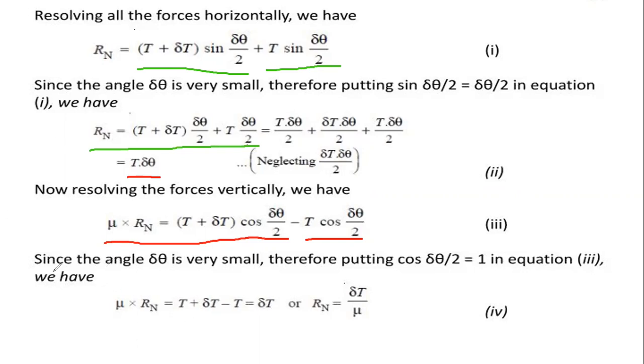So when the angle delta theta is very small, we put cos delta theta by 2 equal to 1 in the equation.